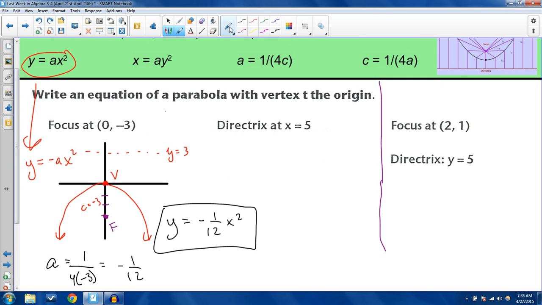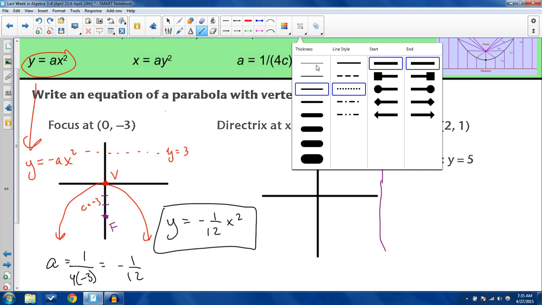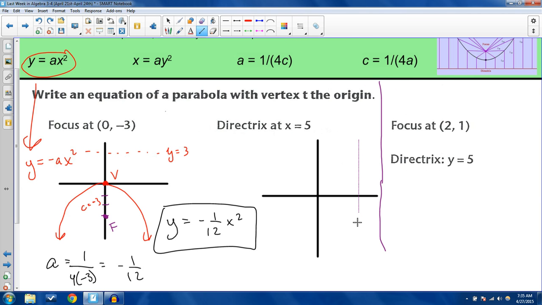Okay, this one has a directrix at x equals 5. Once again, our vertex is at the origin. That's the first piece of information they give us. I'm going to draw a directrix, let's say this here is x equals 5. Vertex, as we know, is at the origin.